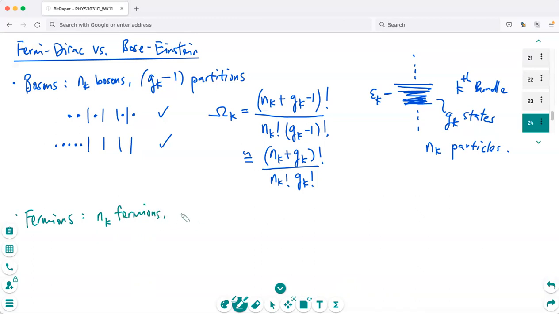I still have GK energy states. Okay, so how do I distribute this? What is this omega K? Anyone want to type? You can try this.